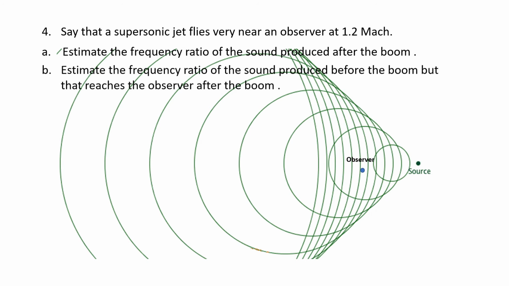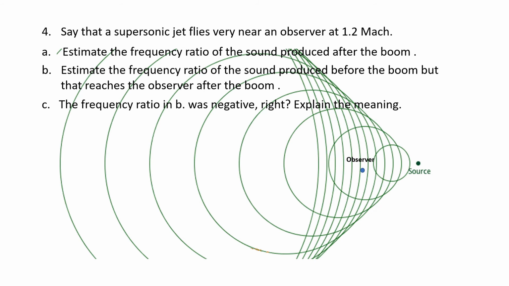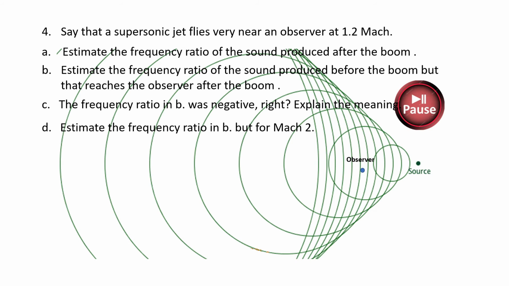Part B. Estimate the frequency ratio of the sound produced before the boom, but that reaches the observer after the boom. Part C. The frequency ratio in Part B was negative, right? Explain the meaning. Part D. Estimate the frequency ratio in Part B, but for Mach 2. Hit pause.